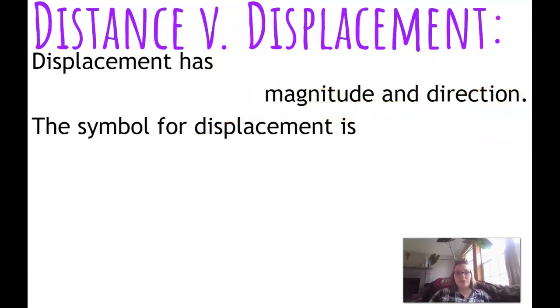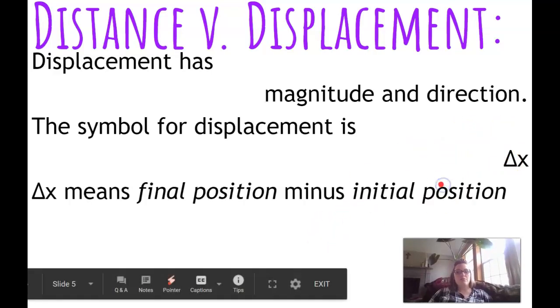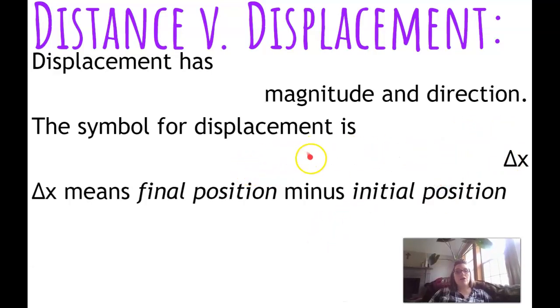Direction is incredibly important. Think about getting started with a race. If you run forward and your opponent runs backwards around the track, how do you judge who comes in first? Same thing, that 7-year-old who finally hits the T-ball and runs straight to third base instead of to first base. What happens there? We use this delta x symbol for displacement. It literally means final position minus initial position.